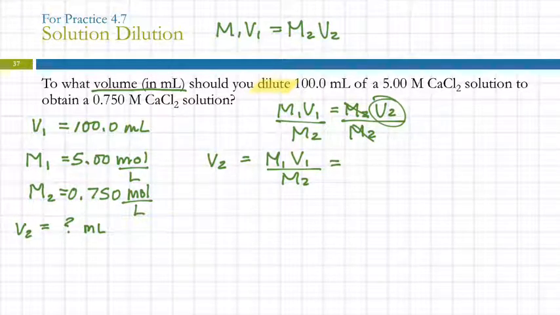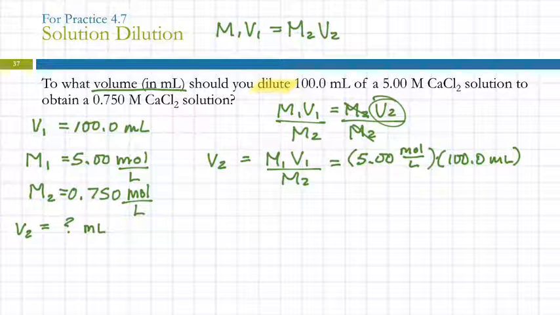Now I'm going to put my numbers in. So molarity 1 is 5.00 moles over liters. And volume 1 is 100.0 milliliters. And that's divided by molarity 2, 0.750 moles over liters.